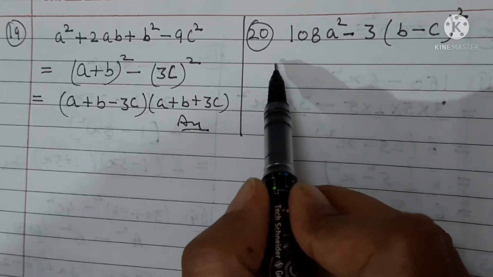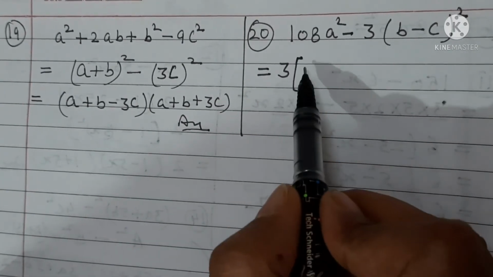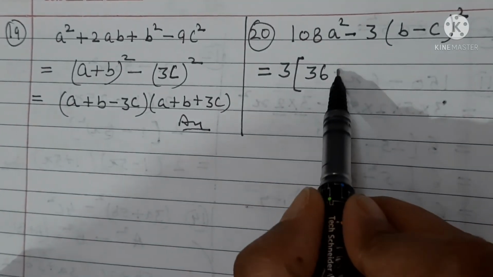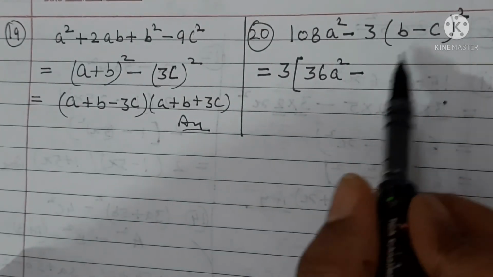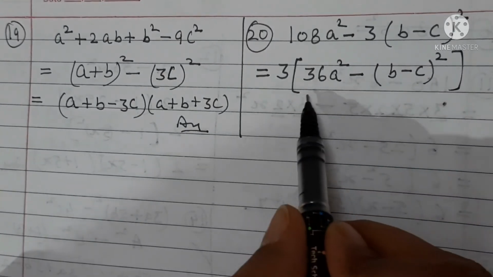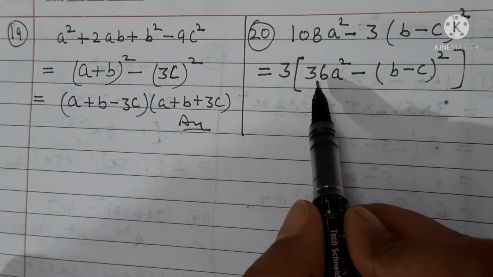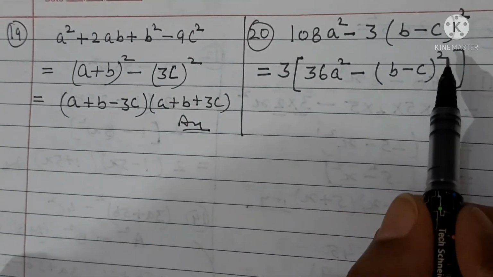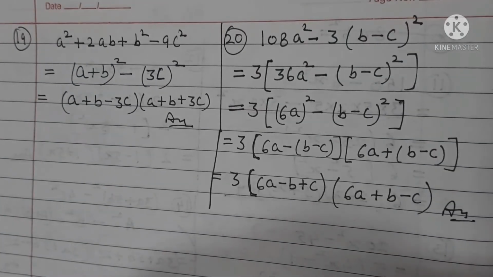So you can take 3 as a common factor, and in the bracket 3 3s are 9 and 3 6s are 18. So 36 a square minus 3, taking common, b minus c whole square. Now use the identity, because 36 means 6 square. So you can write it as 6a whole square minus b minus c square, and then solve and find the answer.